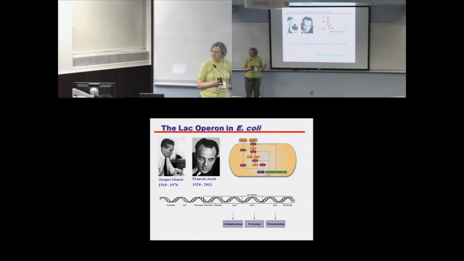Jacob and Monod were interested in this property, the fact that they could turn on the expression of these proteins and use this lactose if it and only it was present, that they wouldn't turn on these proteins and waste energy in the presence of glucose. And so Jacob and Monod first worked out how these things were turned on simultaneously.